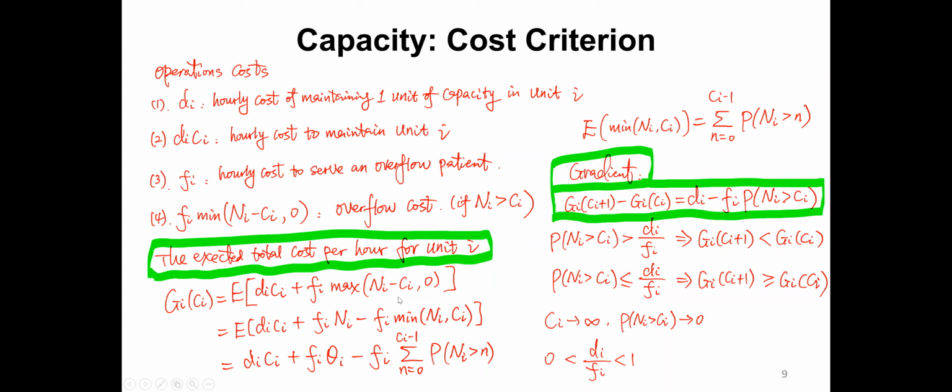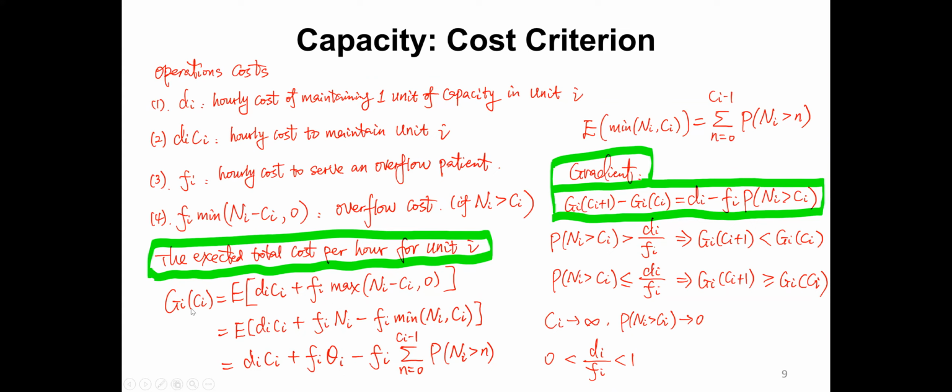So it's the same as this, we just change the notation. And the expectation of minimum(Ni, Ci) equals the summation from n equals 0 to Ci minus 1 of probability Ni greater than n. So now we got this equation.